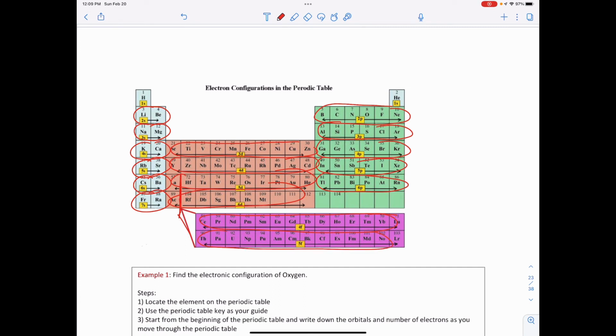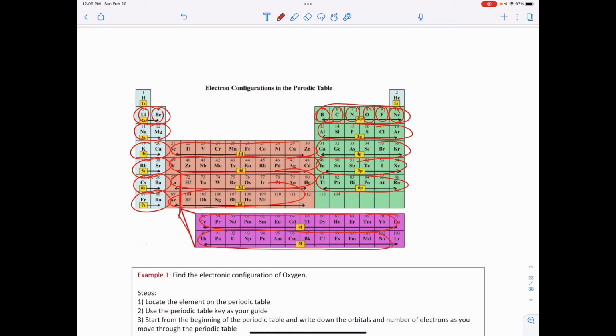Another thing you'll notice is that in the 2s region, there are 2 elements, 2 spaces, corresponding to 2 possible electrons. If I look at my 2p region, notice that in this 2p row, I have boron, carbon, nitrogen, oxygen, fluorine, and neon, 6 elements corresponding to the 6 possible electrons. For the 3d, before even counting, we know that there are 5 orbitals, 2 electrons each, 10.